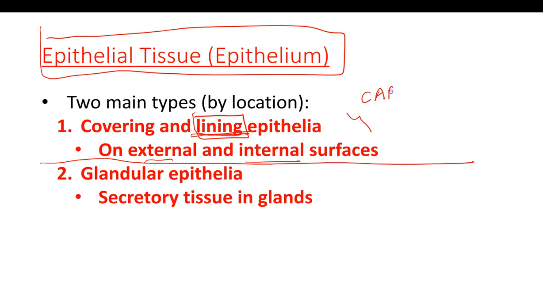Sometimes we call it the carpet of the body. Epithelial tissue also makes glands, which secrete substances like hormones, sweat, oil, etc. So epithelial tissue comes in 2 forms: the epithelial tissue that lines the surface of organs and epithelial tissue making up glands.